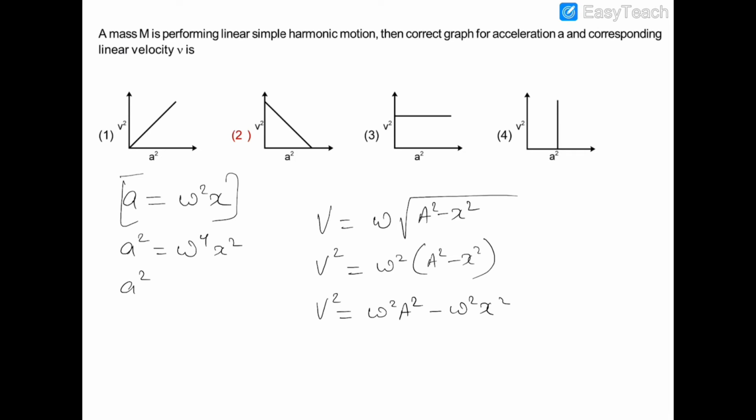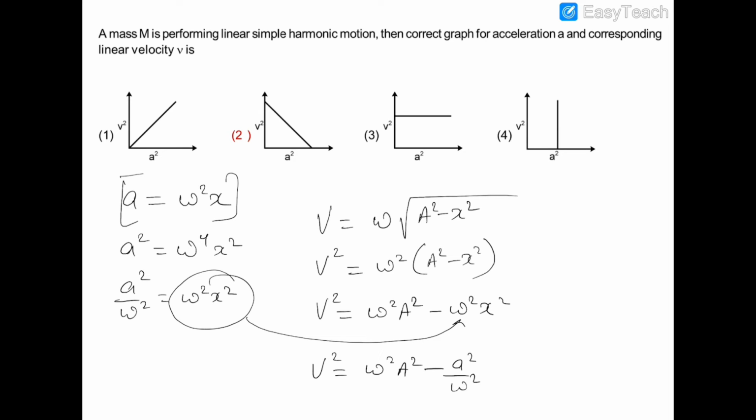So a square by omega square will be equal to omega square x square. So we can substitute the value of this omega square x square here. So v square is equal to omega square a square minus a square by omega square.